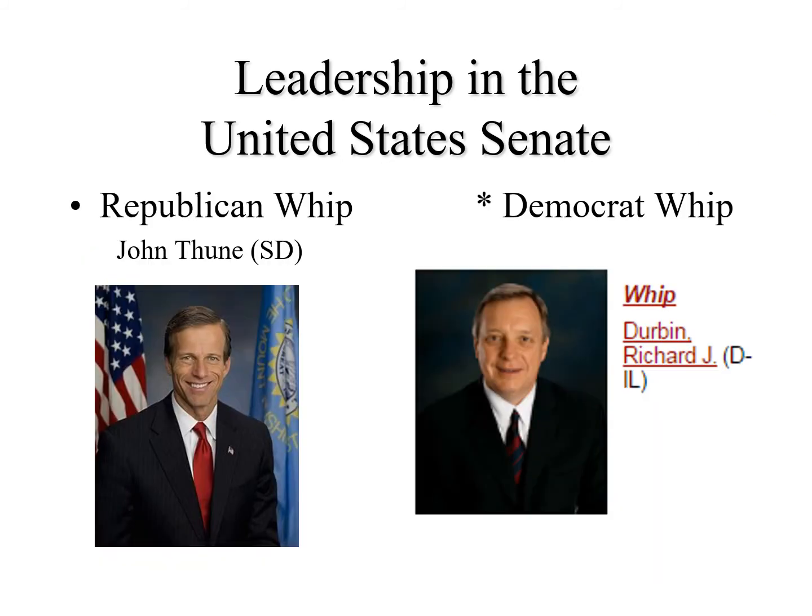They also have assistants to help them do their job. For the majority leader, the majority whip is a senator named John Thune from South Dakota. And the minority whip, or the Democratic whip, is Dick Durbin, a Democrat from Illinois.